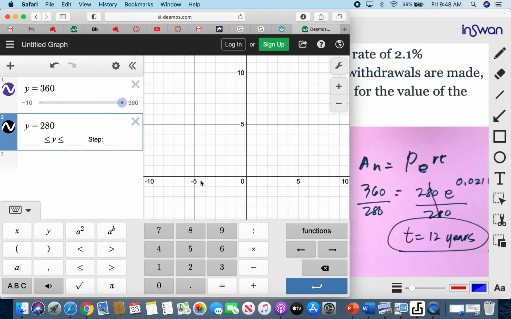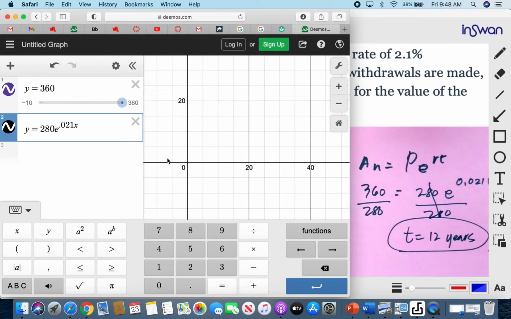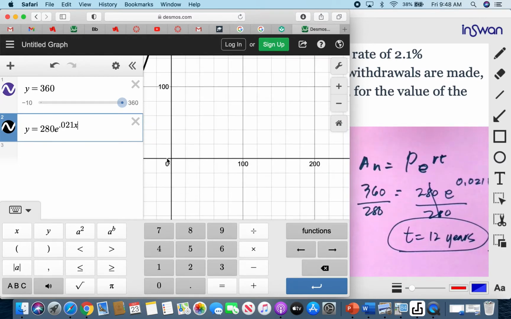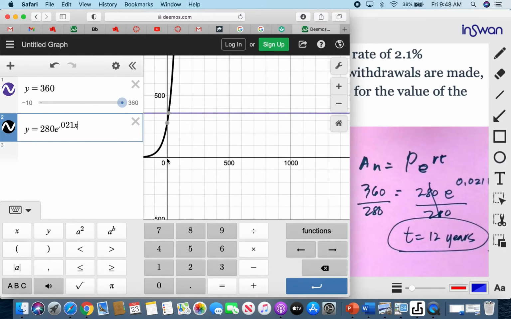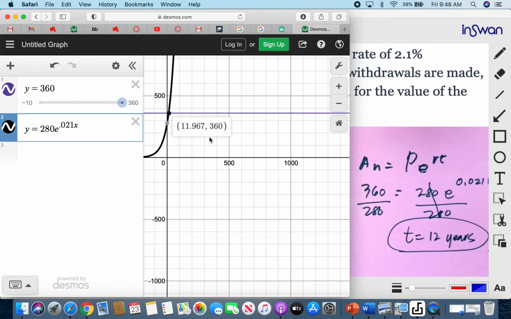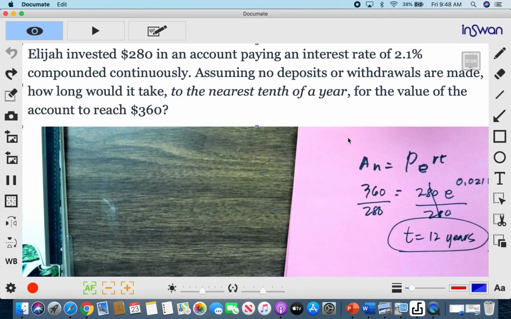E, just write E. It will accept it. Raised to 0.021t. Use x for t. And of course, you will have to find the graph for your equation and zoom your Desmos, and it's here, and as you can see is the same as what we have obtained in our problem.